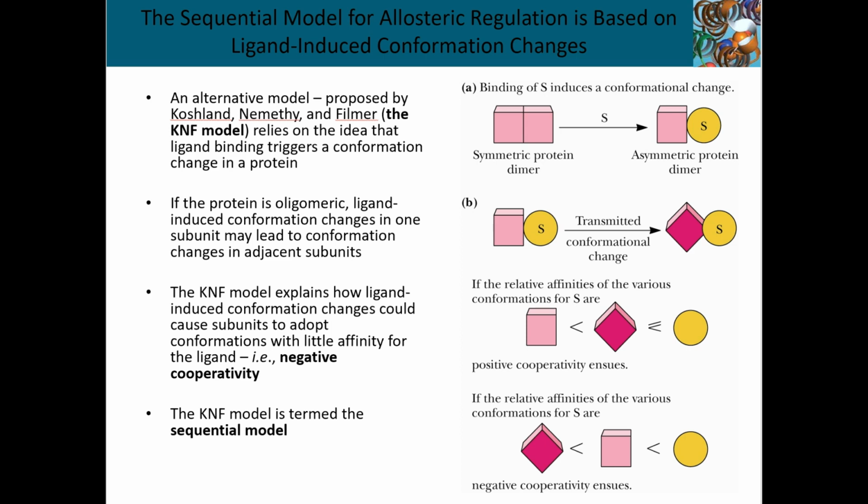And the idea behind the KNF model is that instead of having multiple similarly energetic levels that are in equilibrium, one that has a higher affinity for substrate and activators, and one that has a higher affinity for inhibitors, the idea is that the interaction of the preferred state of the protein with a substrate, or with an inhibitor, or with an activator, causes a conformational change.